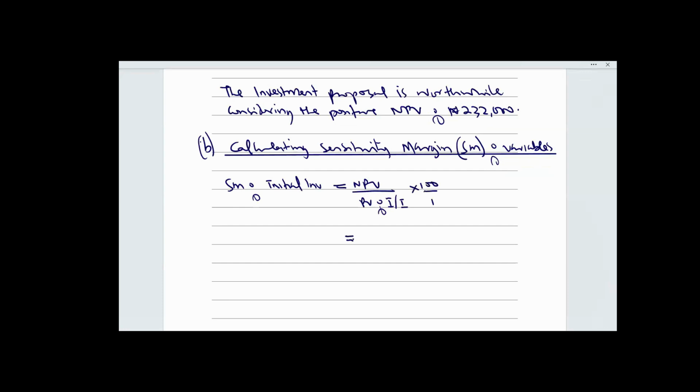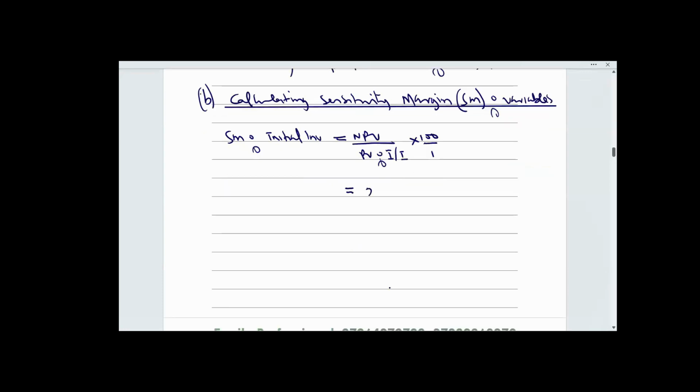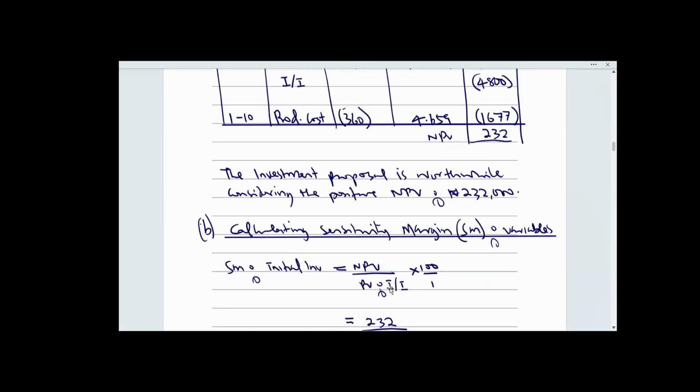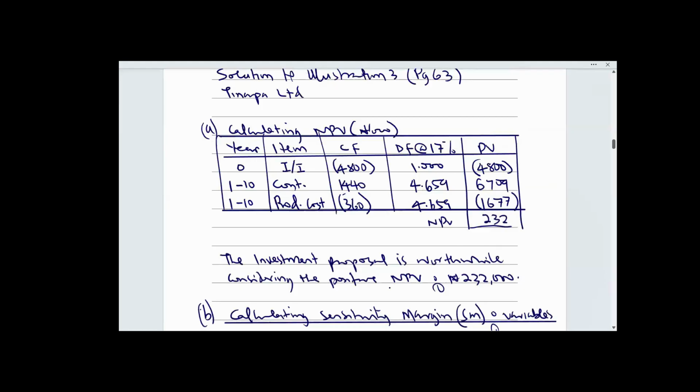So NPV is 232. PV of initial investments is 4,800. Multiplied by 100 over 1.